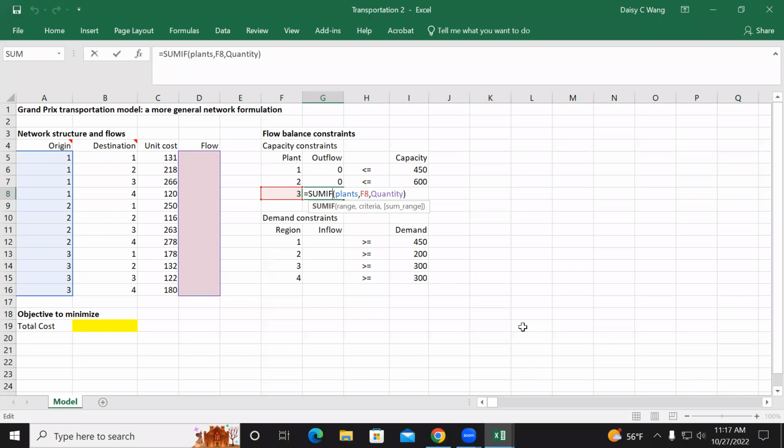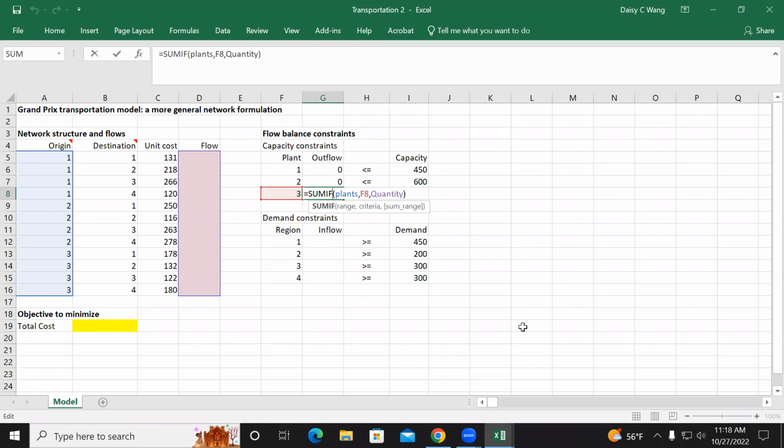Double click. Have to go to the first one. Then you select the whole thing, and instead of the plants, which is this part, these are all regions.